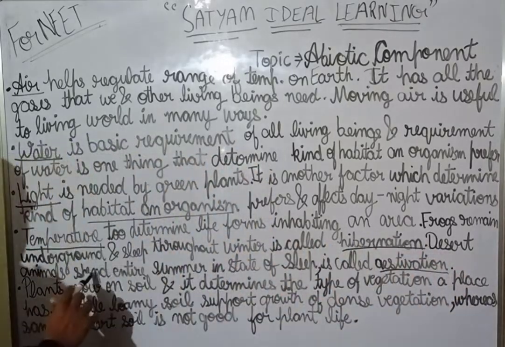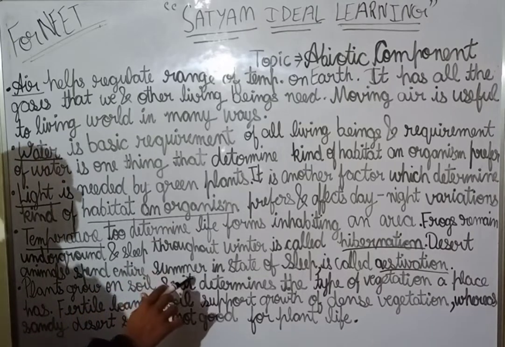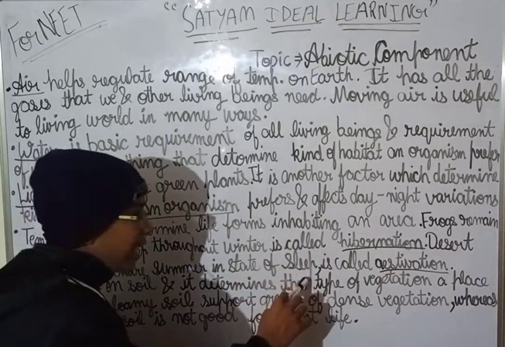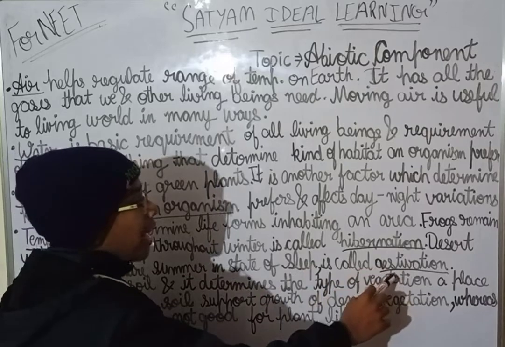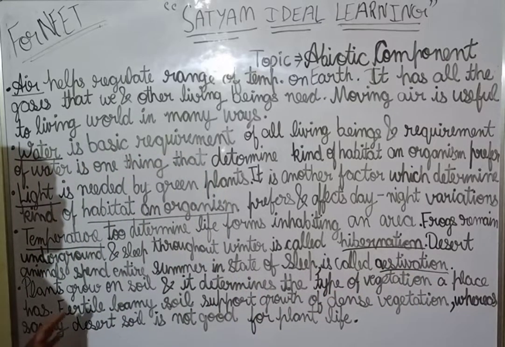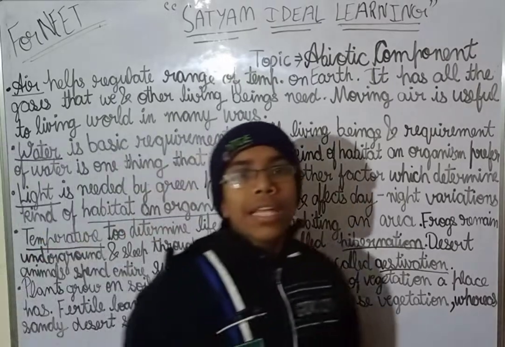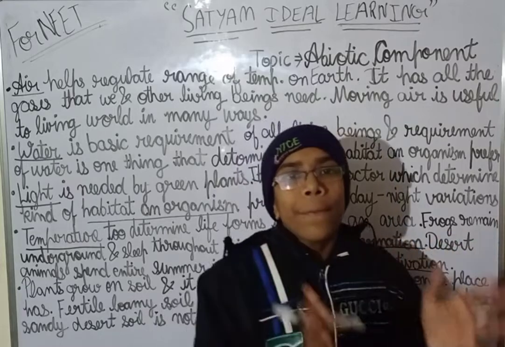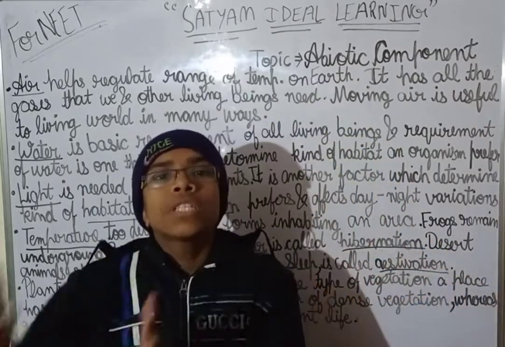Desert animals spend the entire summer in a state of sleep, which is called estivation. Clear? So there are variations in the temperature, and it changes from season to season.